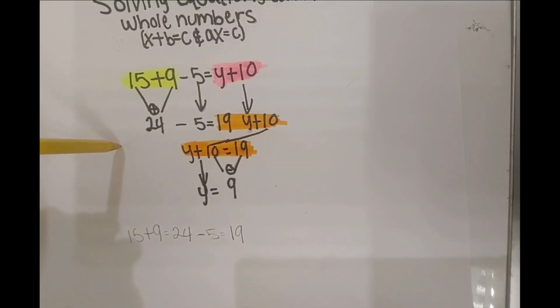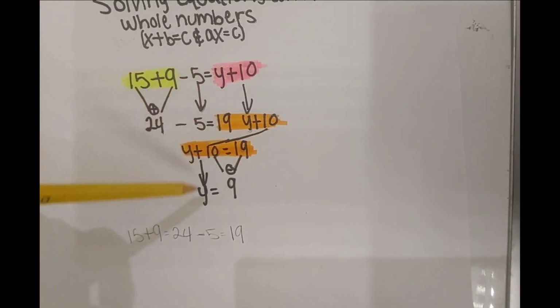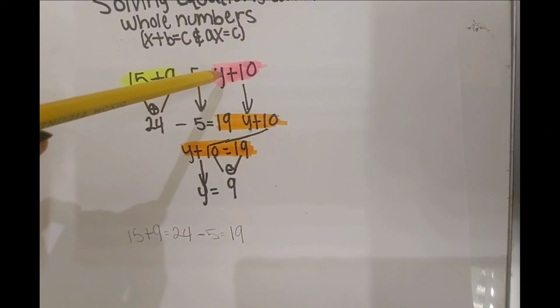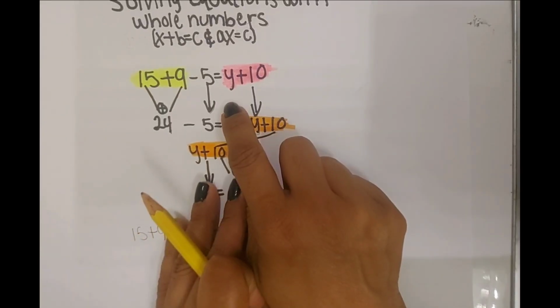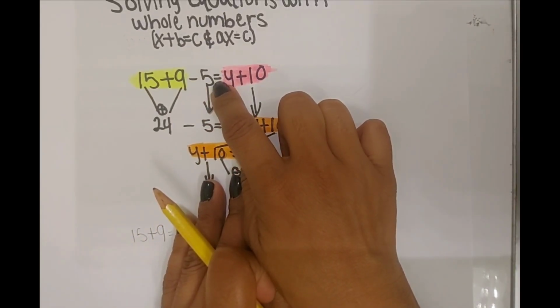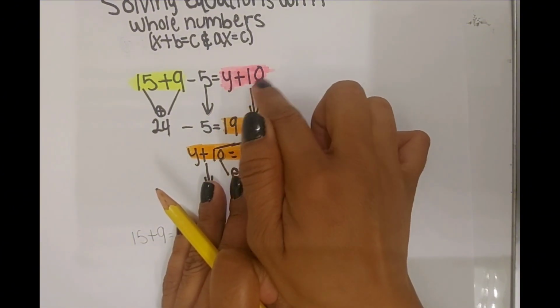Now, this is the easiest stuff, because I could easily do it by figuring out that they're just asking for the missing number. It's kind of hard to figure that out when you have equals y plus 10. This is what really confuses.